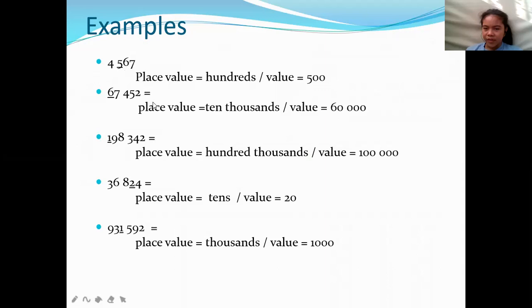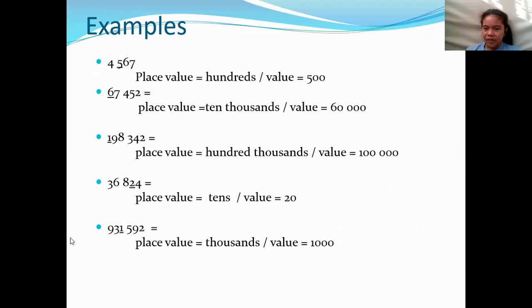Next, in 67,452, the place value is ones, tens, hundreds, thousands, 10,000. So the place value is 10,000, and the value is 60,000.